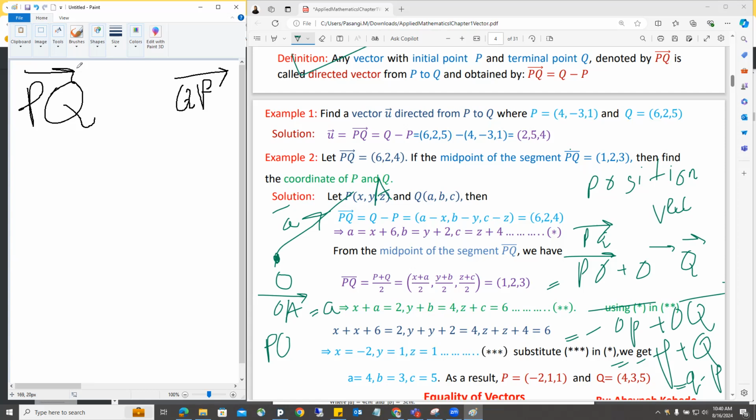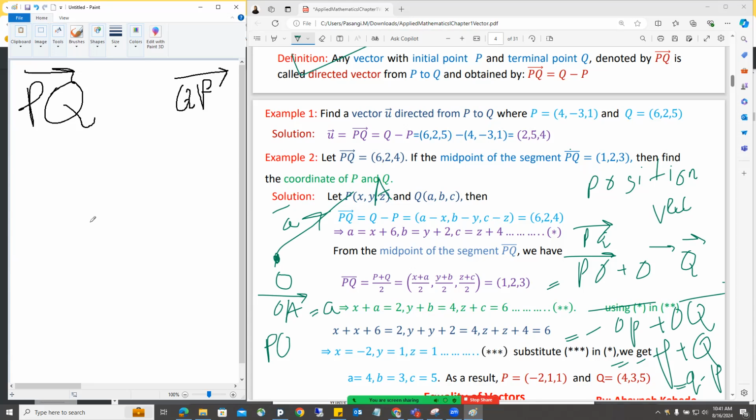If vectors are equal, both the magnitude and the direction should be the same. Here, what has happened? Opposite, right? Yes, opposite.